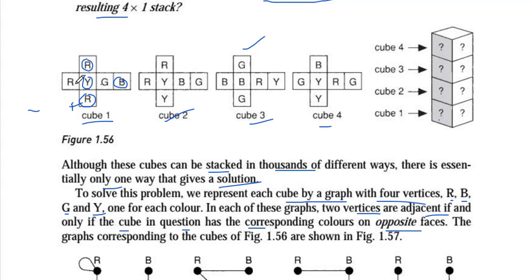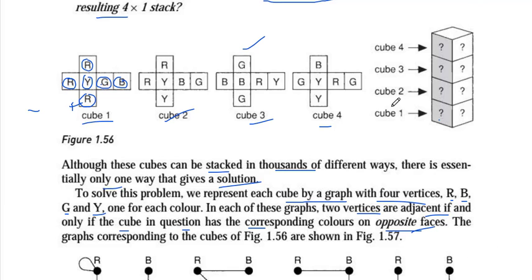Yellow and blue are adjacent. Red and green are also adjacent. So we have to join them with an edge if they are on opposite faces.